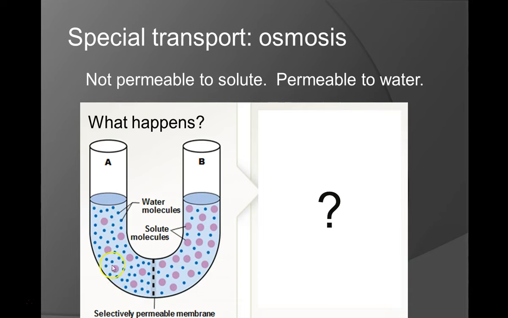Okay. Now this is the information that's important. It's not permeable to the solute, so this membrane means these big pink dots can't get across, but it is permeable to water. So now as you're looking at this, what's going to happen?